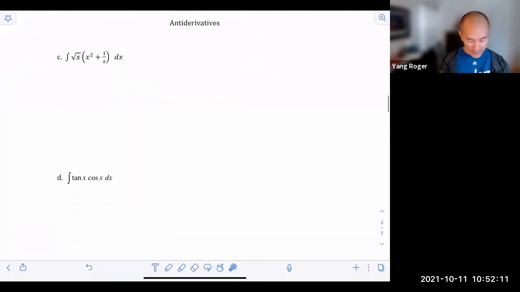Does anybody have any brilliant suggestions for how I should do part C? Part C is kind of similar to part B, a little bit different flavor. I'm wondering if anyone has any advice for me.